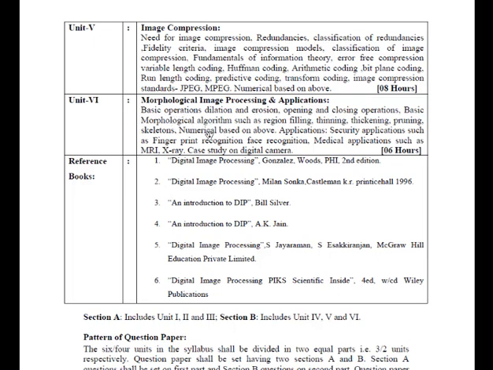Then the final unit is morphological image processing and applications. Students, morphological means it is related to different techniques like MRI, X-ray.